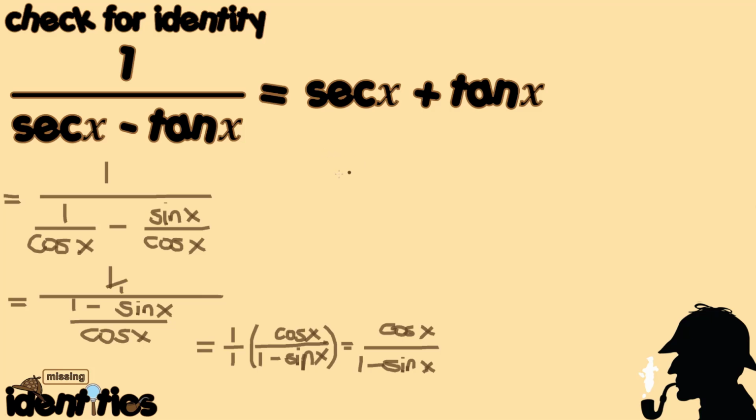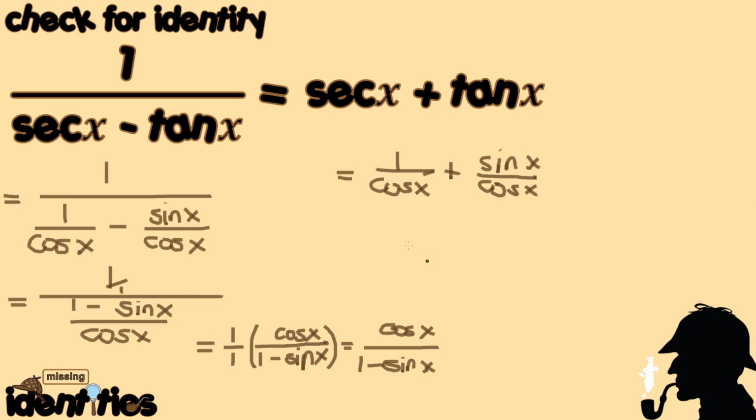At this time, let us try to manipulate the second side, the right hand side, as well. So we will have secant x, which is 1 over cosine x, plus tangent x, which is again sine x over cosine x.